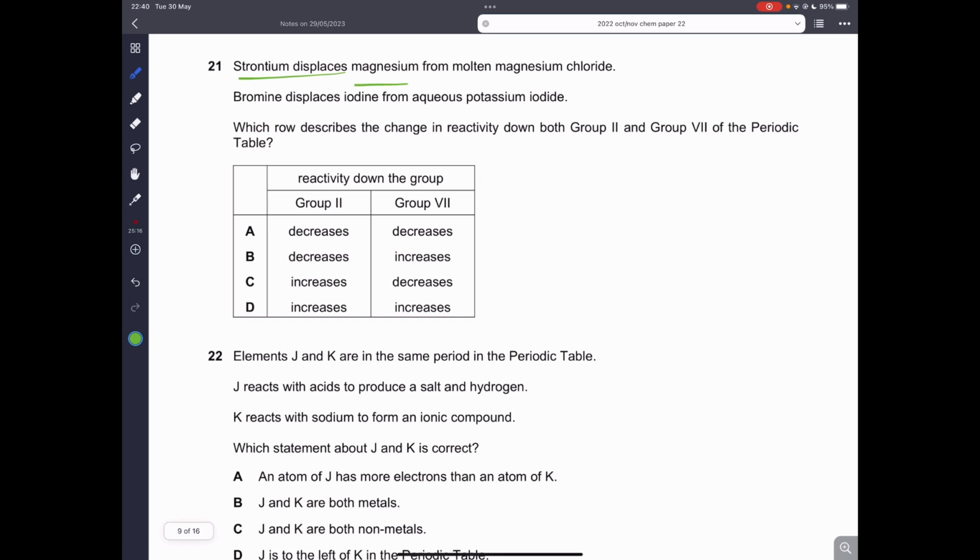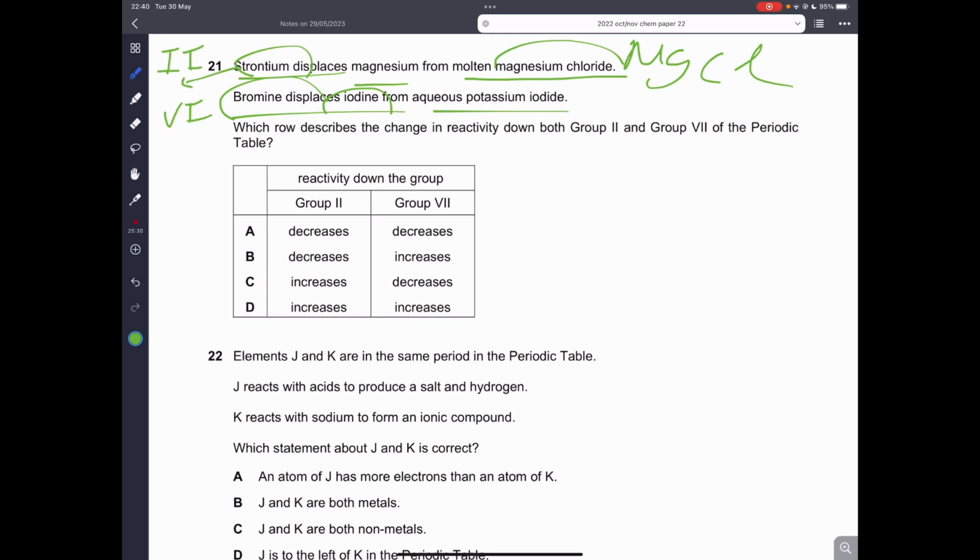21. Strontium displaces magnesium from molten magnesium chloride, and bromine displaces iodine from aqueous potassium iodide. Strontium is from group 2, and bromine is from group 7. Which row describes the change of reactivity down group 2 and group 7 of the periodic table?